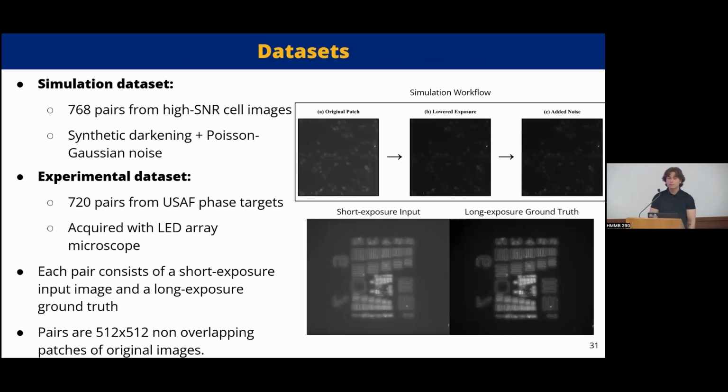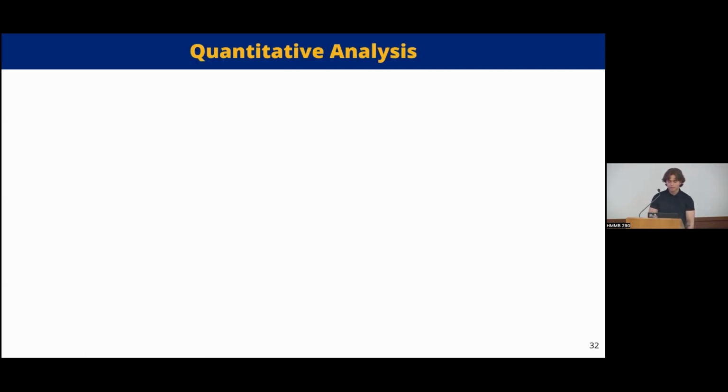Additionally, we acquired an experimental dataset consisting of 720 image pairs from face targets. These images were acquired with the LED array microscope shown earlier. Each image pair consists of a short exposure image paired with a long exposure image, and the pairs are smaller patches of the full-size image that are used to train our models.